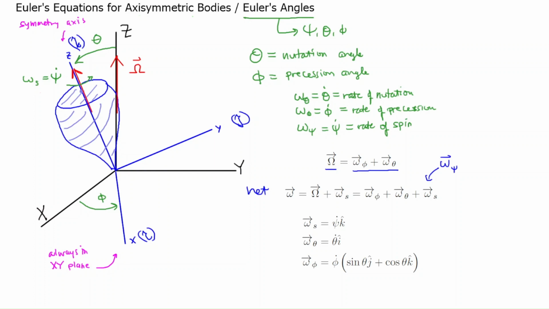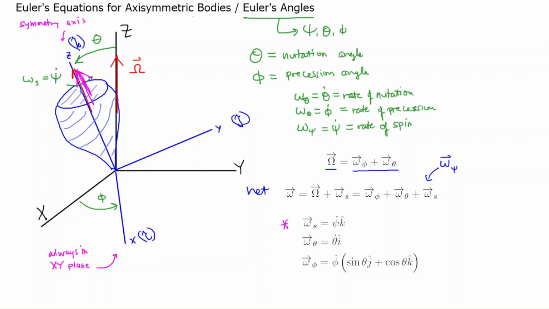Now, two of these I think are pretty straightforward to understand. The third one might require a picture, of the sort that you're probably accustomed to. For omega sub s, basically it defines the z-axis. So its rate is psi dot times the k hat unit vector.